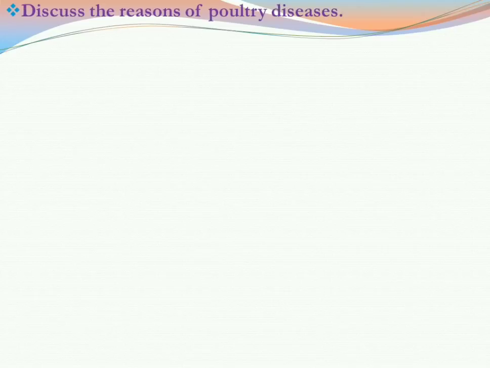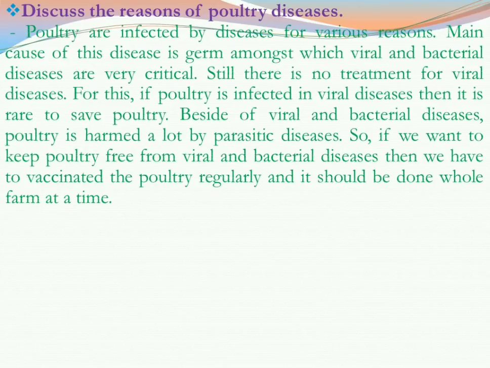Now let us know about the reasons for poultry diseases. Poultry are infected by diseases for various reasons. There are two main reasons. One is germs, another one is viral or bacterial diseases. Amongst them, viral and bacterial diseases are very critical.